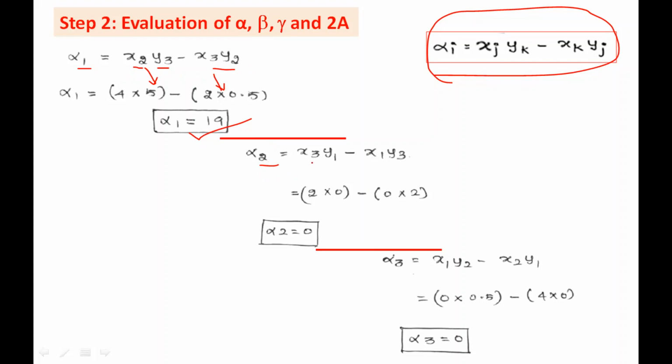Alpha 2, we have to start with 3: x3 y1 minus x1 y3. Substituting this value, we are getting alpha 2 equal to 0. Why are we getting 0? Because one node is located at origin. That is why this 0 term is coming. And alpha 3, for 3 we have to write with 1 and 2: x1 y2 minus x2 y1. Then substituting this value, we are getting alpha 3 also 0.